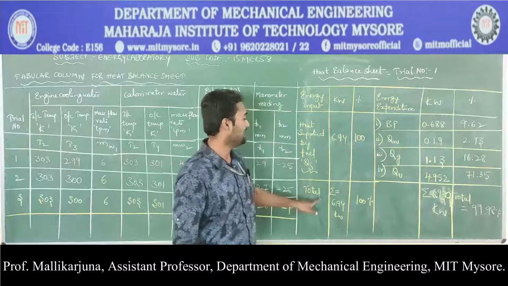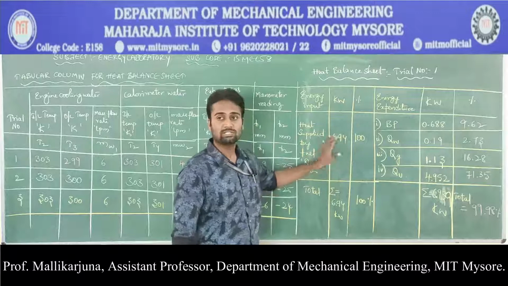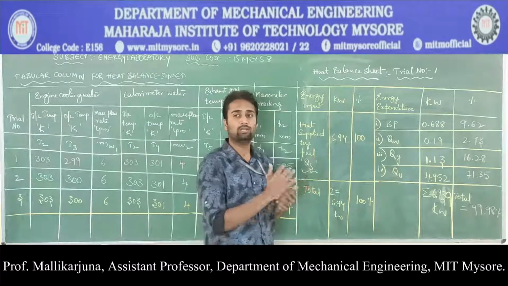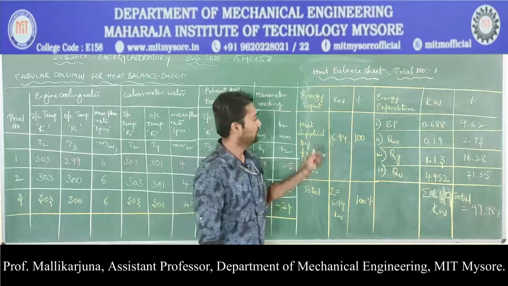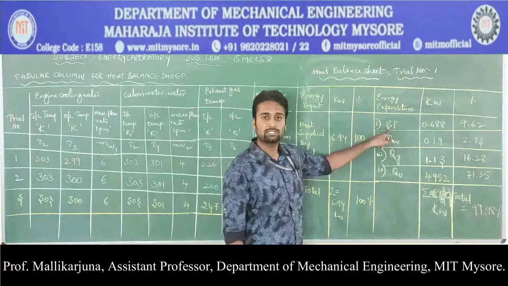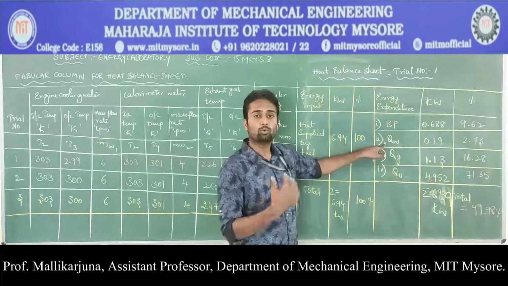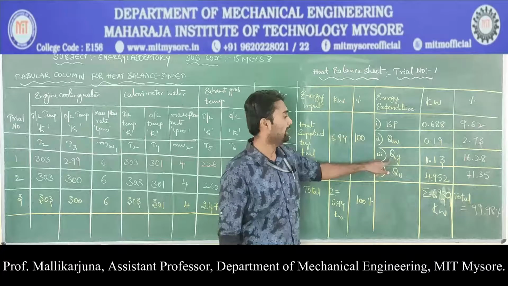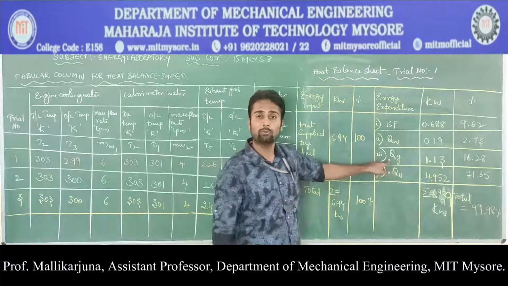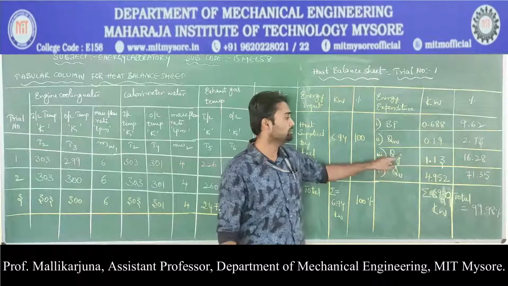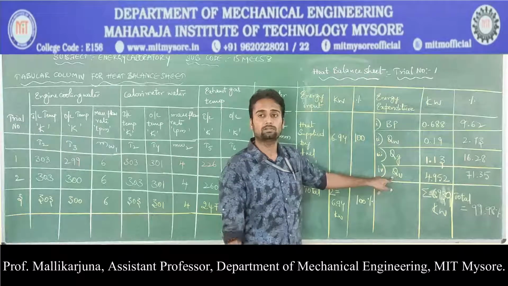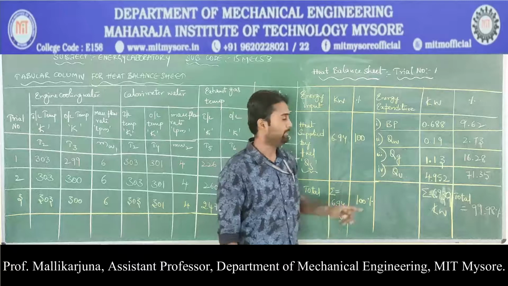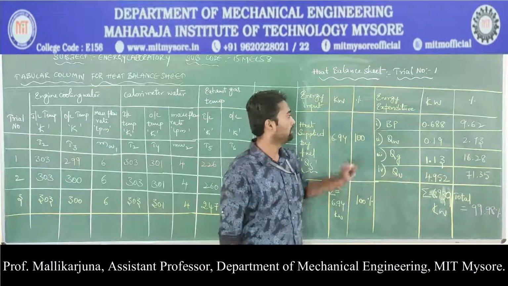On the left hand side, we have the energy input to the engine. This supplied energy has to be utilized for various categories, such as to develop the power, which is nothing but BP; to cooling water, where certain losses will be there, which we have calculated as QW; and exhaust gases are going to carry a certain amount of energy, which we have calculated as QG; and unaccounted heat loss, which we cannot measure with the help of laboratory equipment, we have called QU.